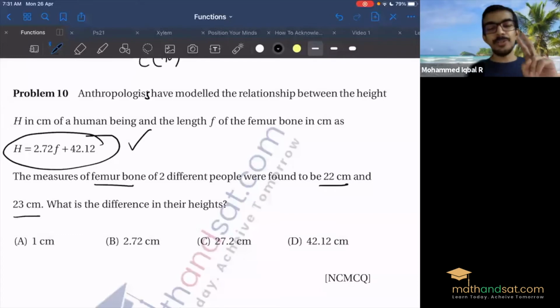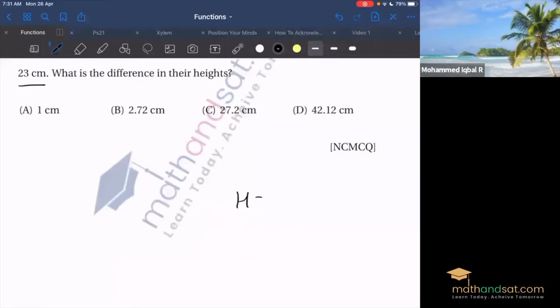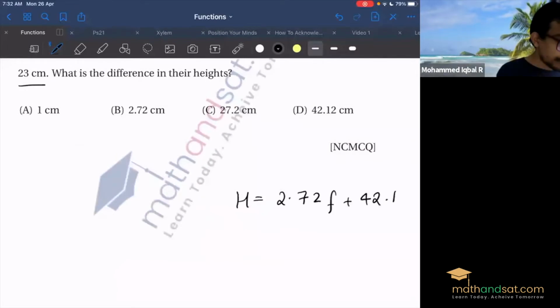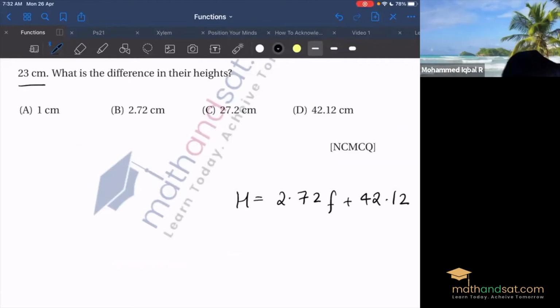Two values of f are given. We have to find the difference in h. Now see, your h is given to be 2.72 f plus 42.12. There is a linear relationship between h and f, and this is what we call the slope.